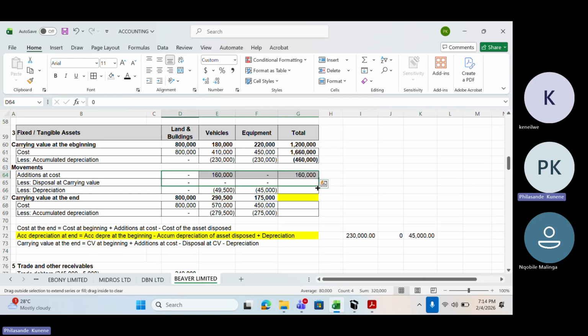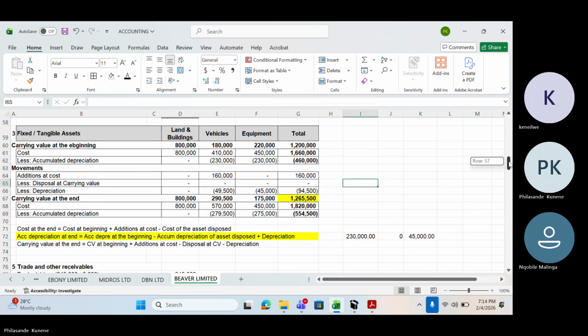Then I add these, all of them, and here again I'm getting my total, which is going to be 1,265,000. And here I'm going to get the totals as well, which is 1,820,000.